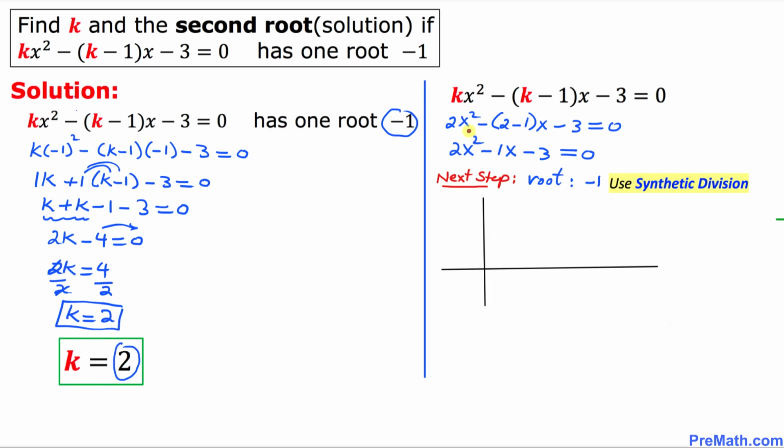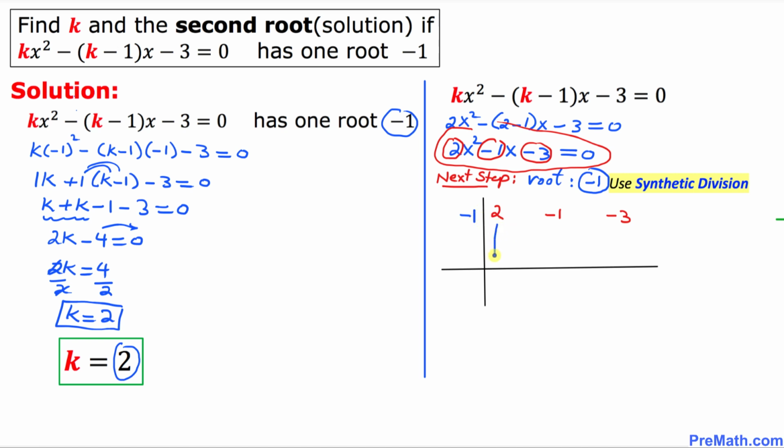Let's focus on this quadratic equation over here and focus on these coefficients 2, -1, -3. Let's write down these numbers 2, -1, -3 over here on the top. And let's look at this root that is given to us, -1. That is going to go outside. So let's get started with the synthetic division.